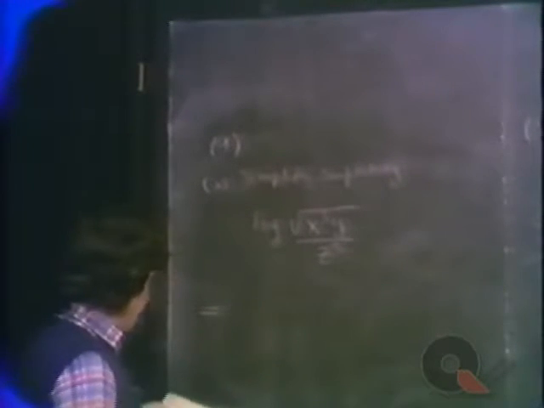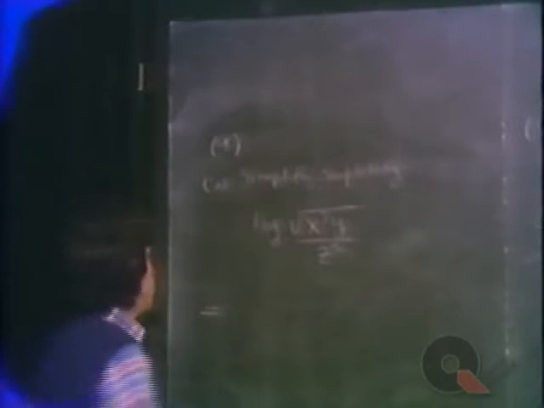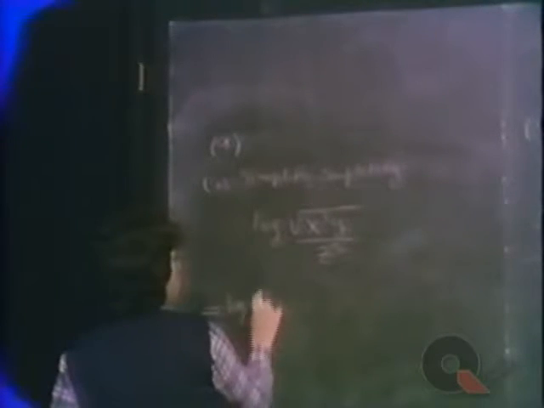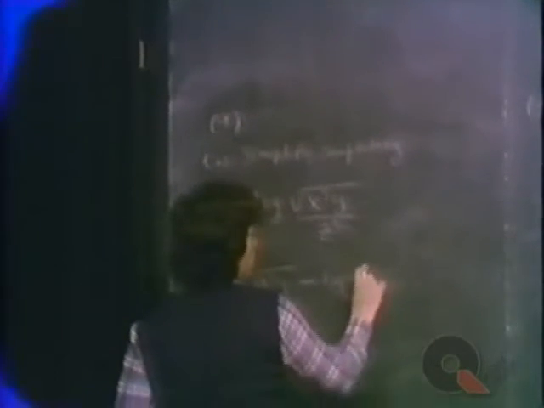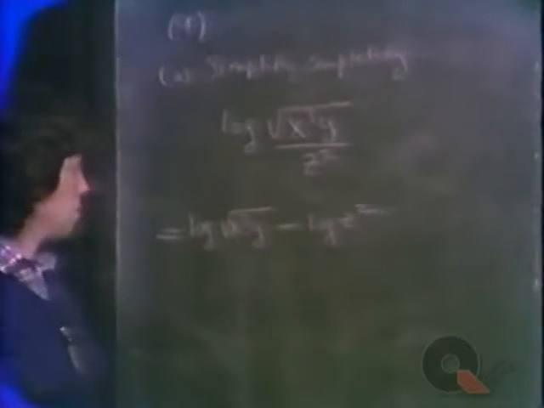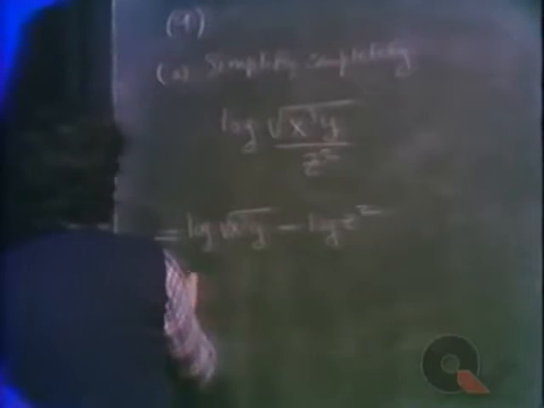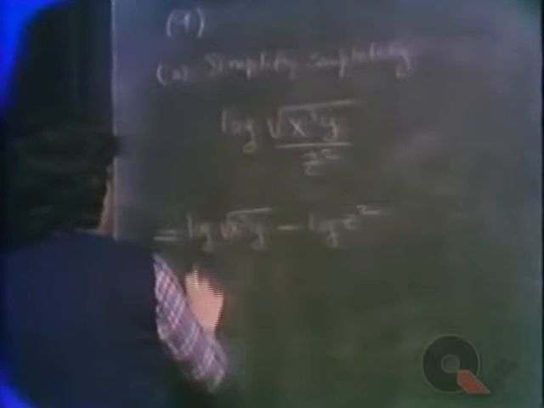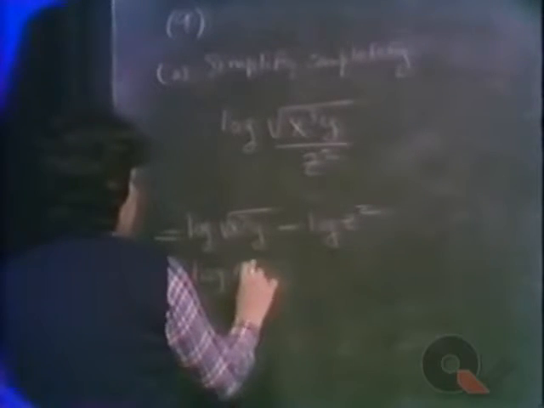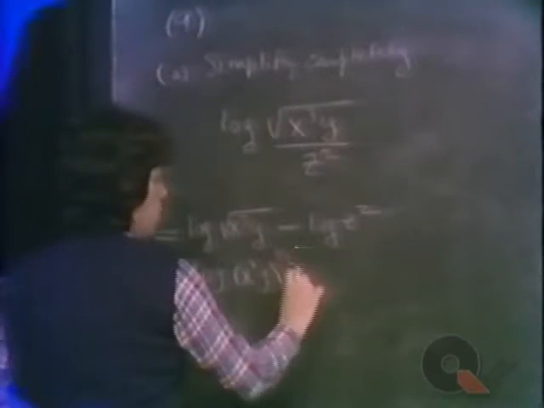First of all, we can say here that the log of a fraction is the log of the numerator minus the log of the denominator. And then we can say x cubed y, square root of that is just x cubed y to the 1/2 power.